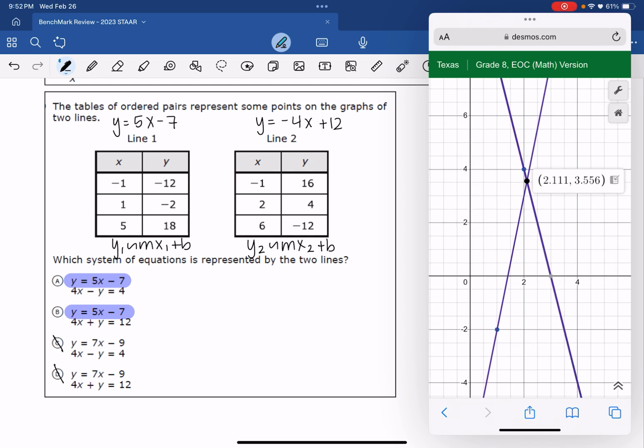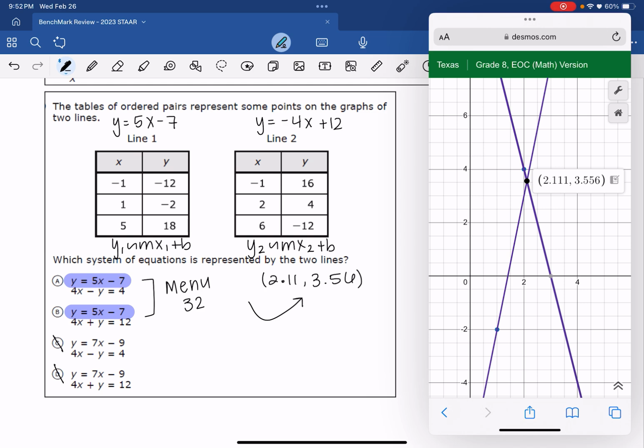If I zoom in on where they intersect, at 2.11 and then 3.56, then you could put your last two remaining answer choices in menu 3-2 and see which one gives you the same answer. So that's where you can do two different calculator tricks here.